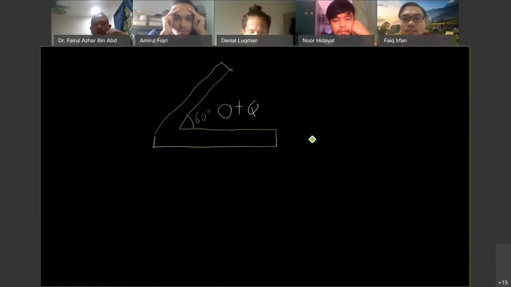The full circle is 360, divided by 60, so we have 6. We need to draw another 5 images of this shape.